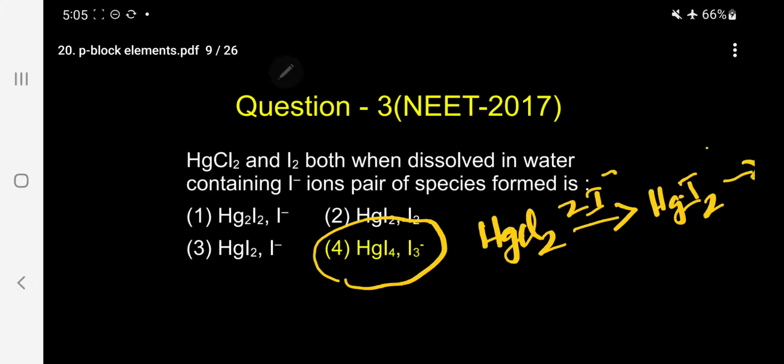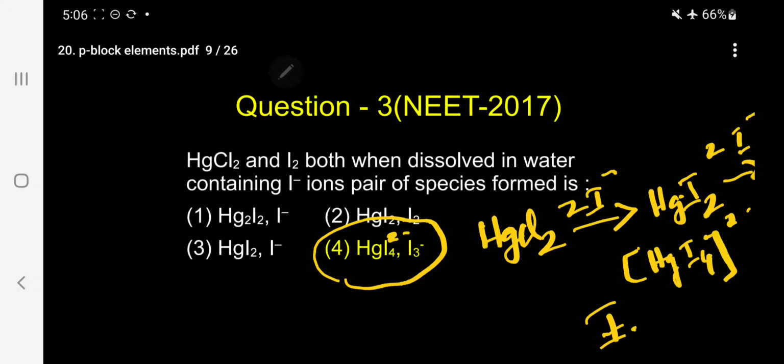Then, when you treat it again with further excess of I minus, it forms the corresponding complex HgI4 2 minus.